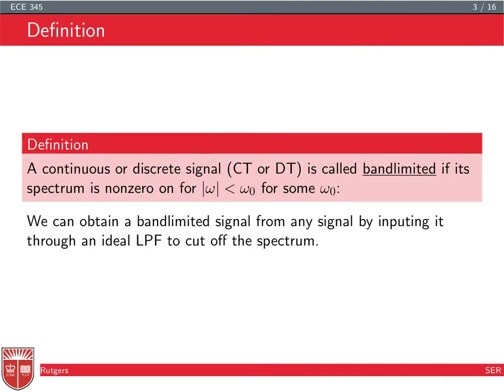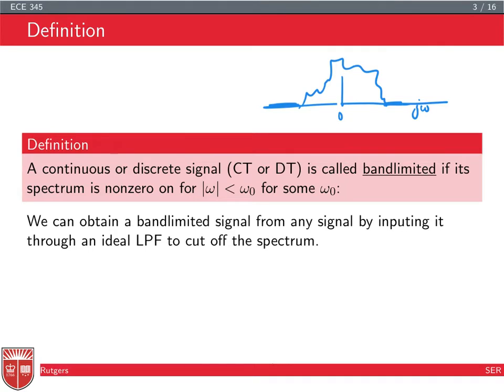So I'm trying to draw an example here. If this is j omega, let's say, and this is 0 here, it may look something like this. But at least you know that it's going to be 0 starting some point here.